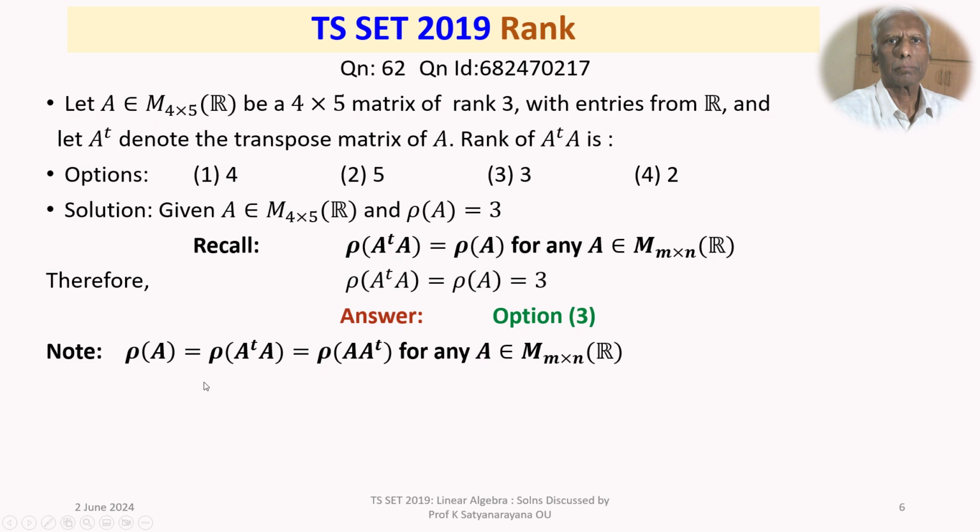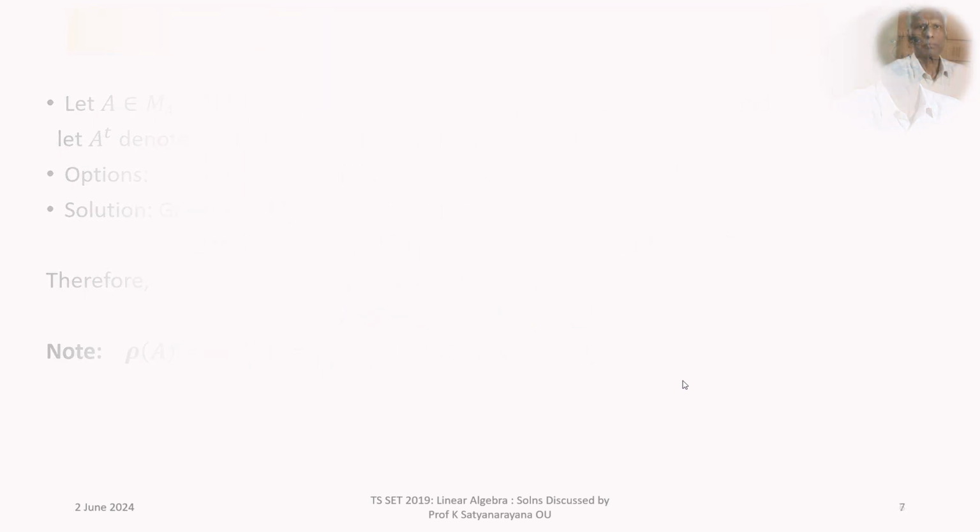So this theorem says the matrices A, A transpose, AA transpose, A transpose A, all these 4 matrices have the same rank for any A belongs to M by N over R. This is a must condition. You have to remember this result. Agreed. Let's now move to the next question.